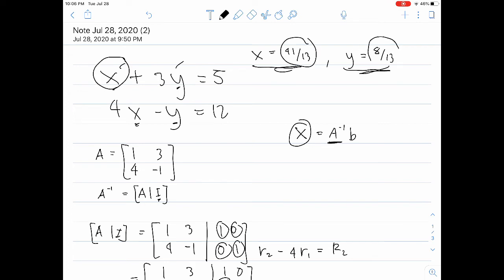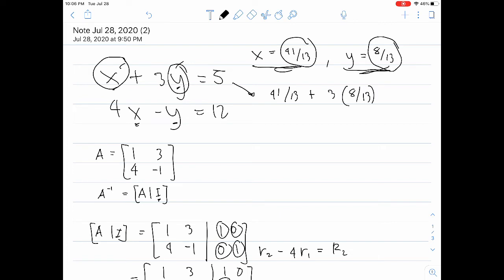And kaning y na value, ato ang insert diri na variable. So, kani now, sorry, gubot kayo. Mahimo na ni siyang, di ba, x is 41 over 13 plus 3 times 8 over 13 is equal to 5. So, dapat, ang kanang side, mahimo ni siyang 5 para mahimo siyang equal diri.